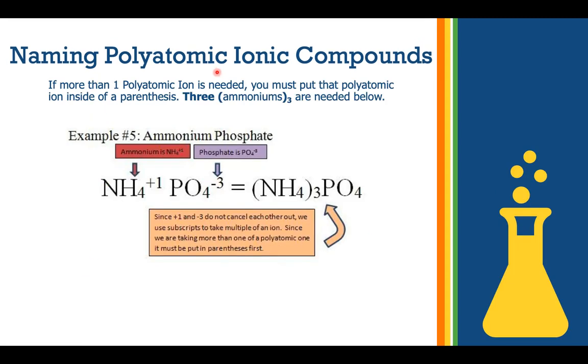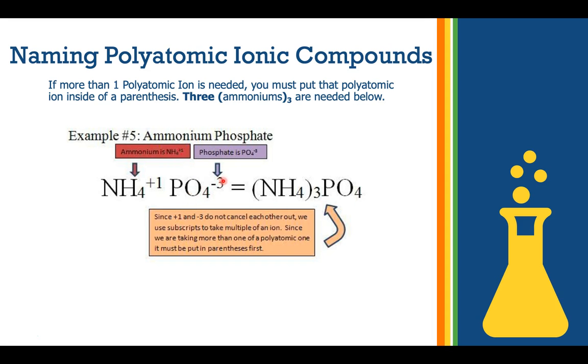Naming polyatomic ionic compounds again. If more than one polyatomic ion is needed, you must put that polyatomic ion inside of parentheses. For example, 3 ammoniums are needed below. So it would be a parenthesis, the ammonium, and then a parenthesis with a subscript of 3. Does that make sense? So we have ammonium is NH4 1+, and then we have phosphate is PO4 3-.